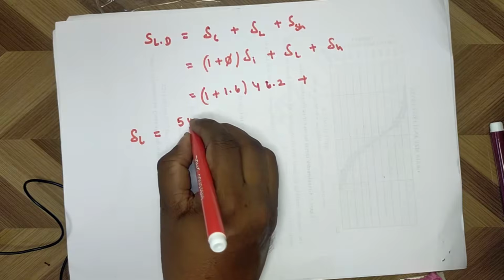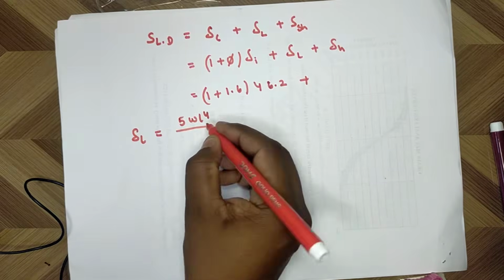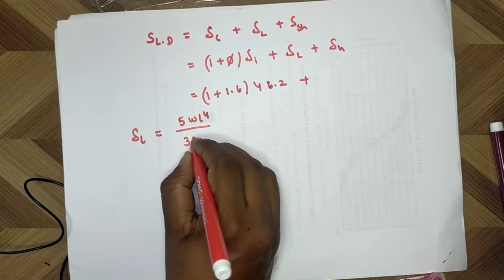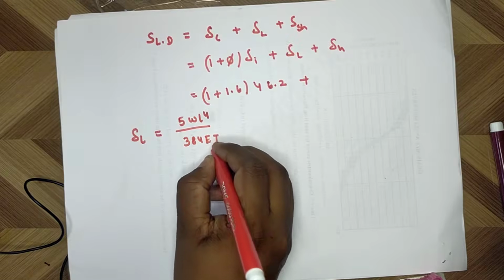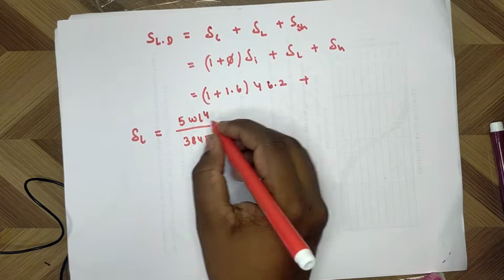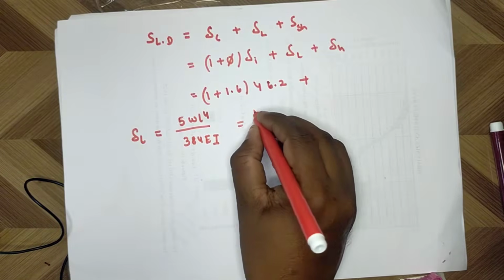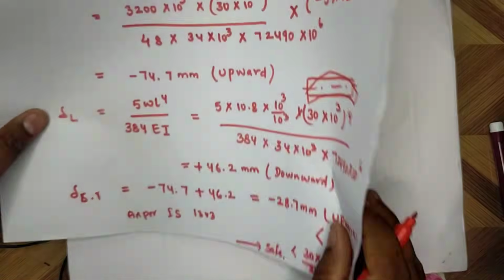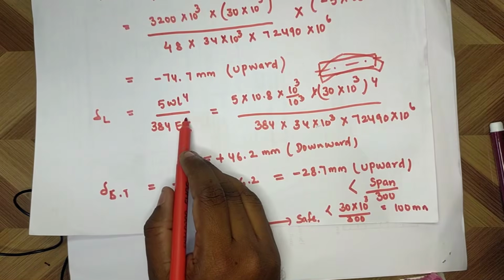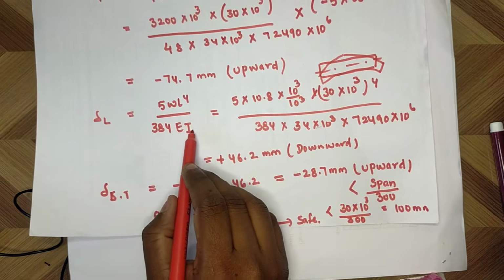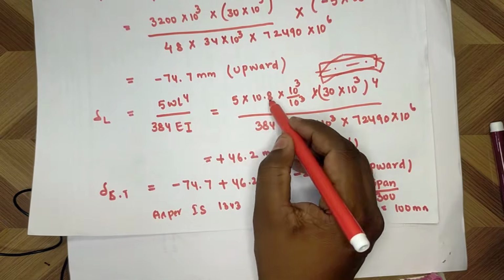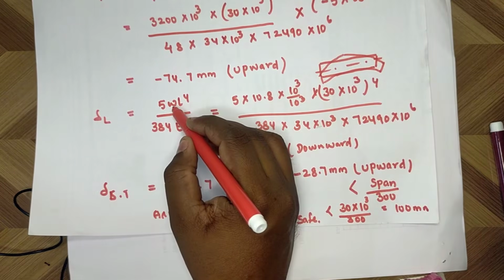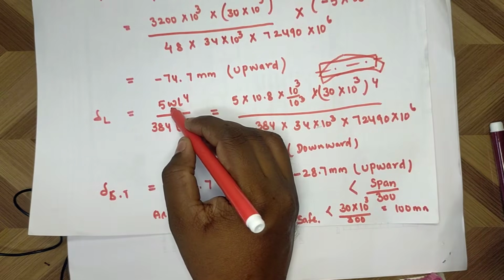5 WL power of 4 by 384 EI. We know this formula. Earlier we used the same formula, but there W meant dead load.